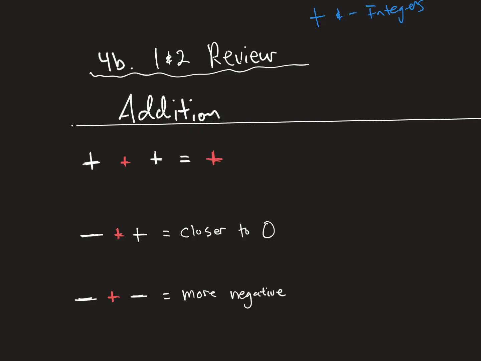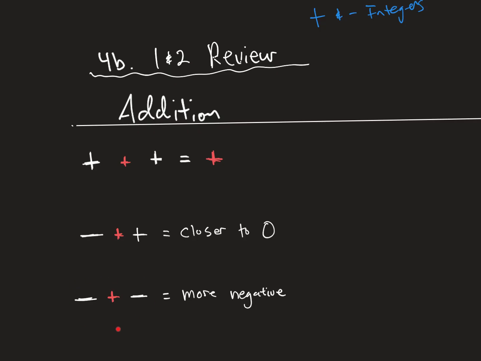Or if we have a positive number added to a negative number, it's actually going to take away from that. Like we know with simple subtraction, 12 minus 6 gives us 6. So that's kind of what's going on here.